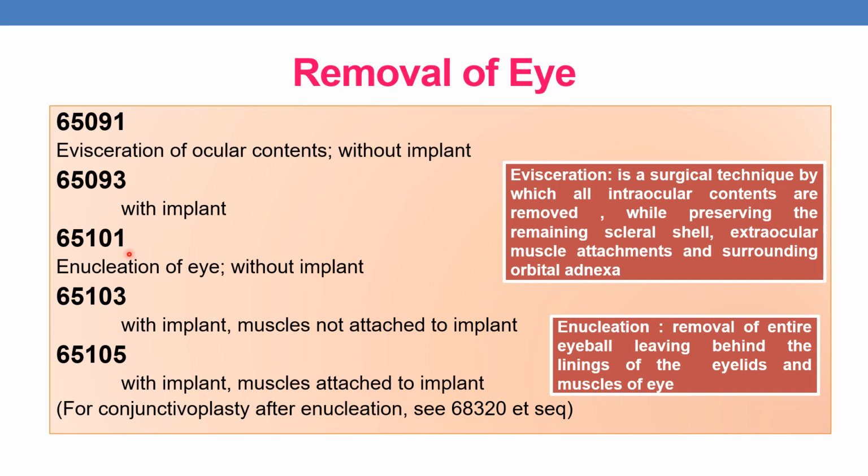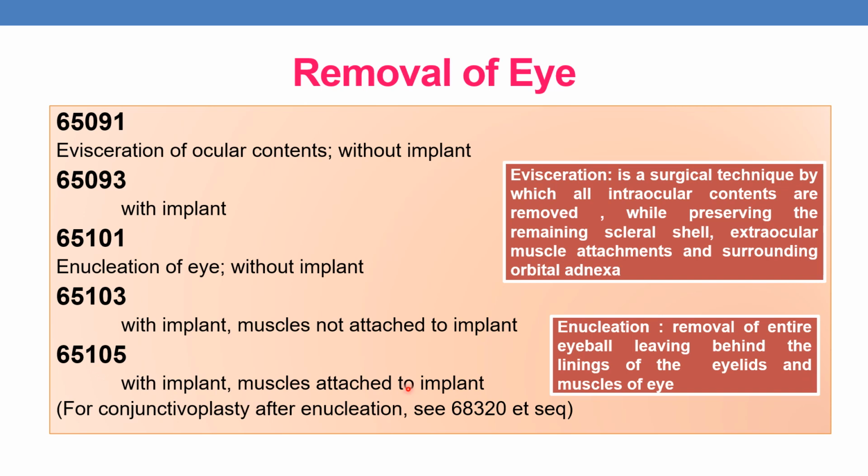The next is 65101, that is enucleation of eye. Enucleation is removal of the entire eyeball, leaving behind the lining of the eyelids and muscles of the eye. So enucleation of the eye without implant is given by 65101, and enucleation of the eye with implant, muscles not attached to the implant, is given by 65103.